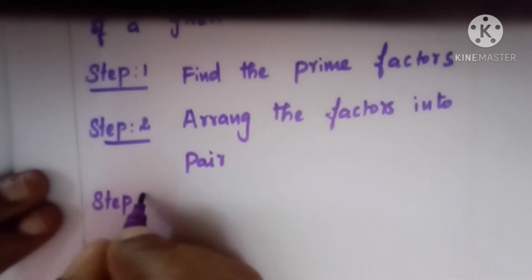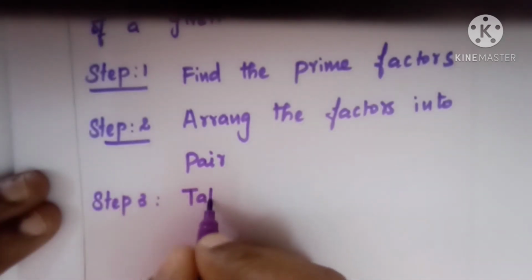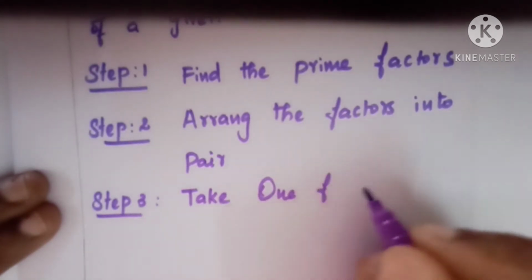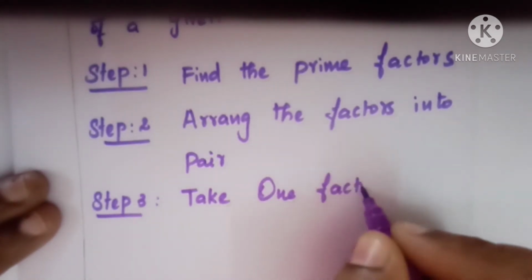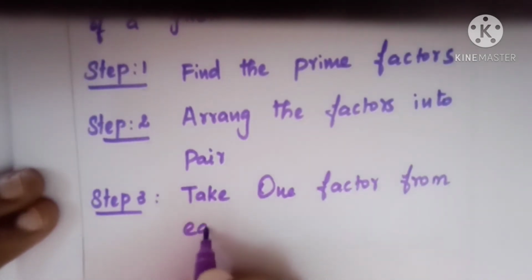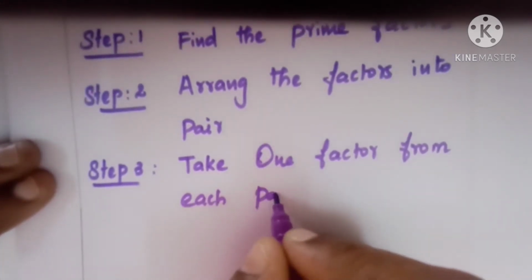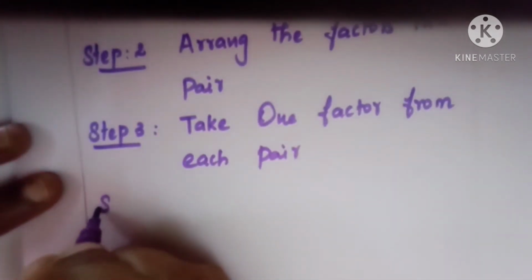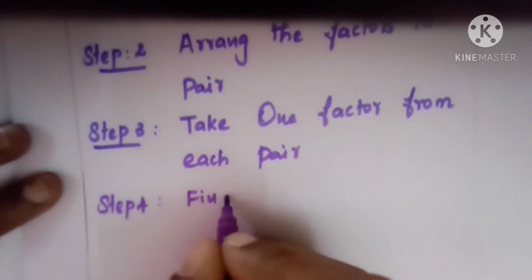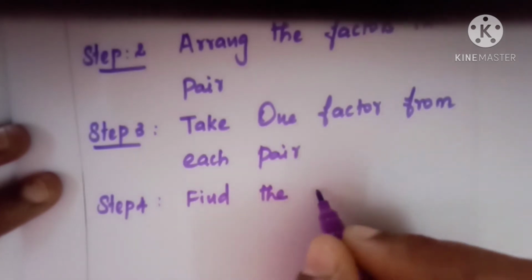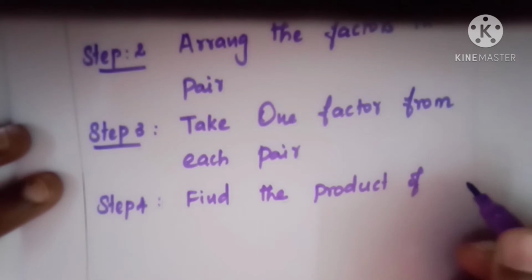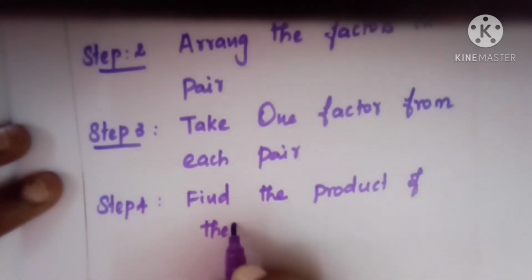Step 3: Take one factor from each pair. Finally, step 4: Find the product of these factors.